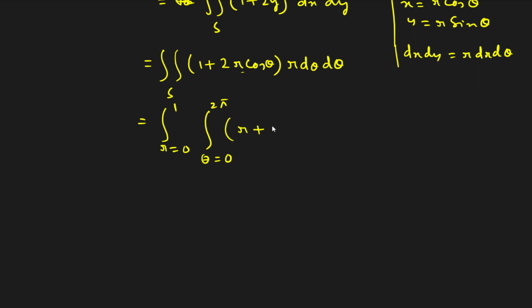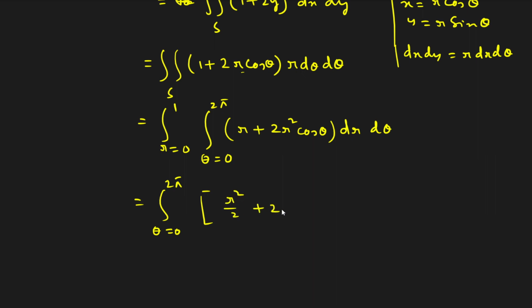So let us multiply it: r plus 2r square cos theta dr d theta. Since r is involved with theta, we have to integrate with respect to r first. If we integrate it, it's r square by 2 plus 2 into r cube by 3 cos theta, then d theta between the limits 0 to 1.